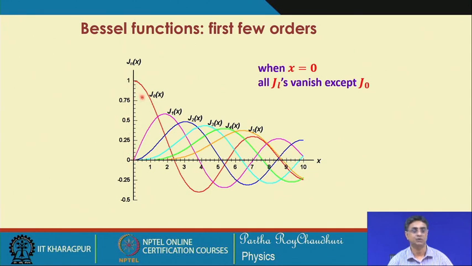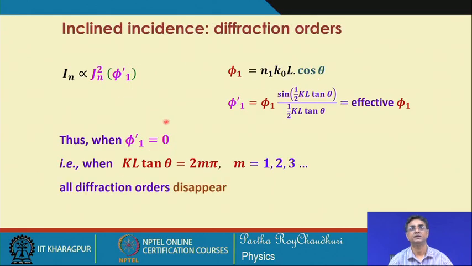So, that is at phi equal to 0, but even when there is an effect of the strain, this phi dash equal to 0 is possible, because if this quantity itself is equal to 0, half k L tan theta equal to 0, that is, if tan theta is equal to 0.